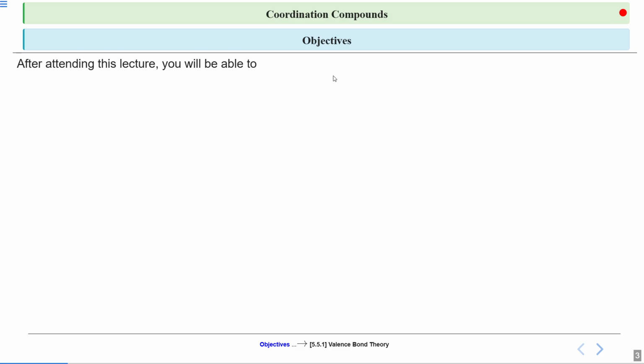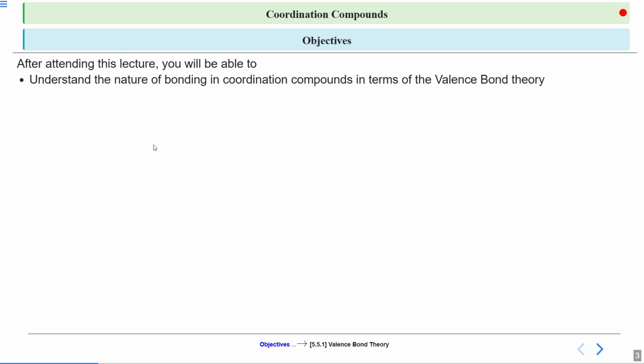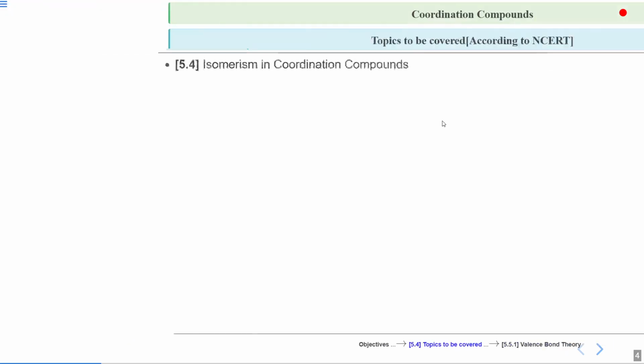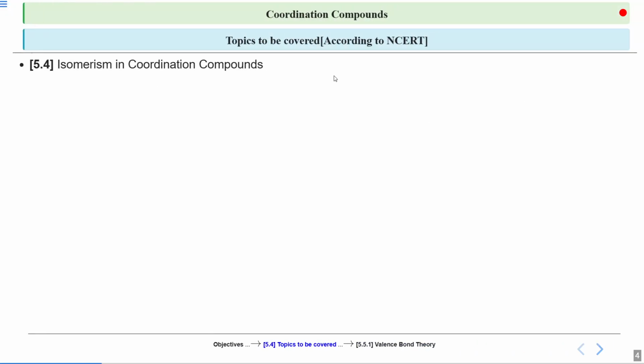So today's lecture objective. After attending this lecture, you will be able to understand the nature of bonding in the coordination compounds in terms of valence bond theory. And what are the topics that we are going to cover today? According to the NCERT, the first section is 5.4, including isomerism in the coordination compounds.